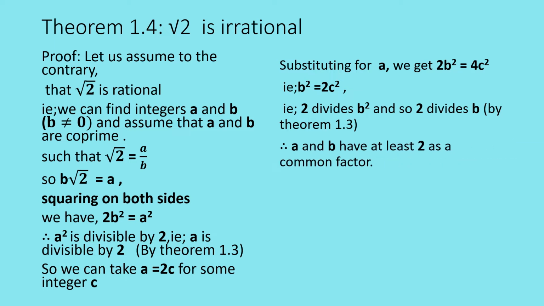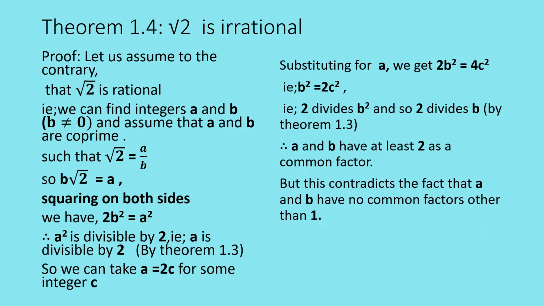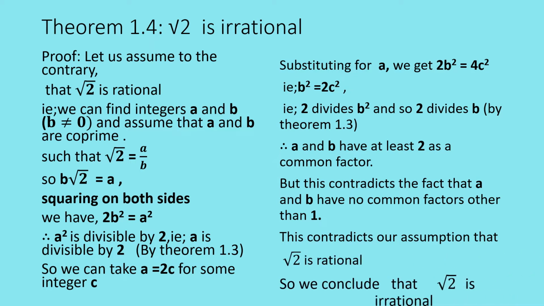Therefore, a and b have at least 2 as a common factor. But this contradicts the fact that a and b have no common factors other than 1. That is because we have taken root 2 as rational. This contradicts our assumption that root 2 is rational. So we conclude that root 2 is irrational.